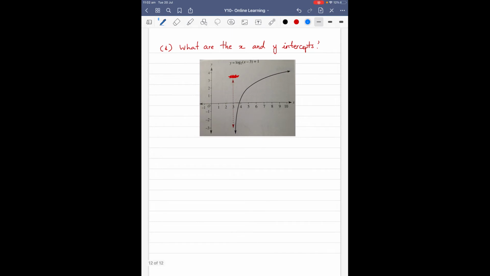For part D, what are the x and y intercepts? So looking at this, we can kind of see that the x-intercept is not really a whole number. So when we want to find an x-intercept, we usually make y equals 0. So let's substitute it into this equation. So we have 0 equals log base 2 of (x minus 3) plus 1.